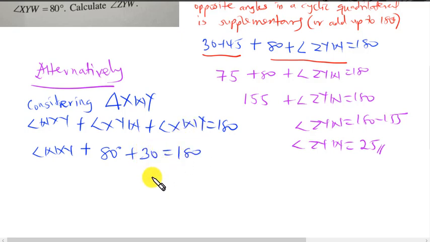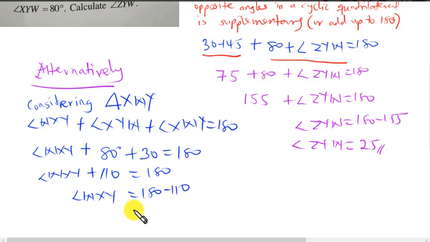So 180, and WXY, if I add 80 to 30, all right, that should give me 110. And then I will subtract 110, angle WXY equals 180 minus 110 degrees, and that should give me 70 degrees.